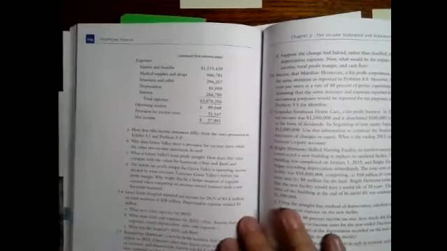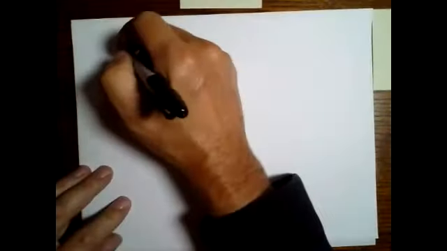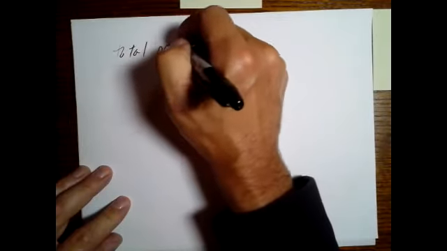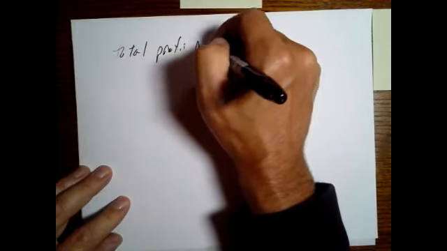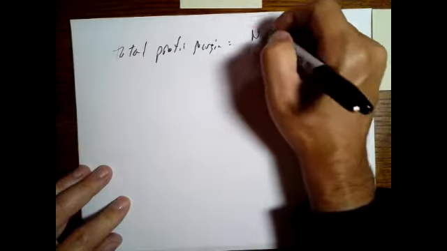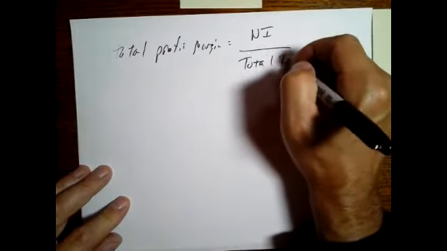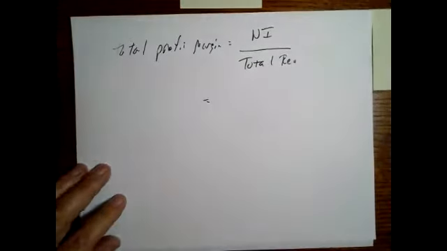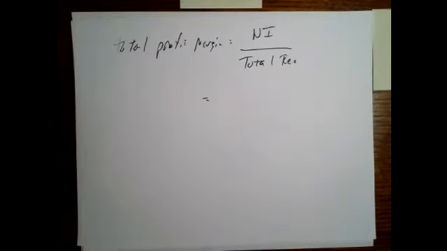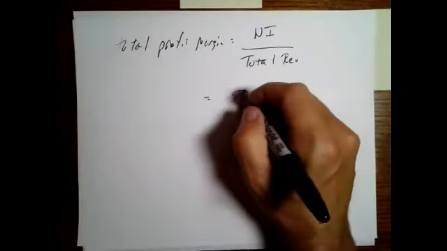All right, then it asks us to calculate Green Valley's total profit margin. Let's refresh here. Total profit margin is equal to net income, NI, divided by total revenue. In this case, net income for Green Valley is $57,881.